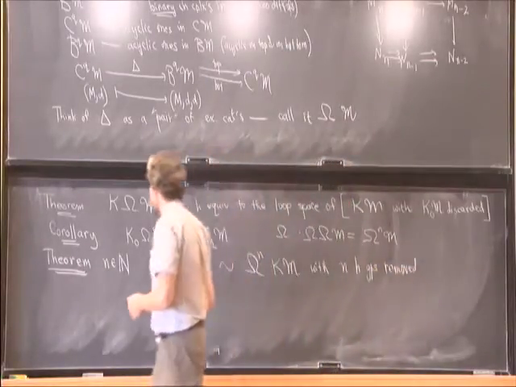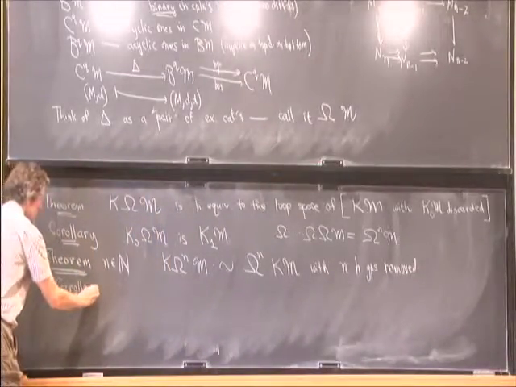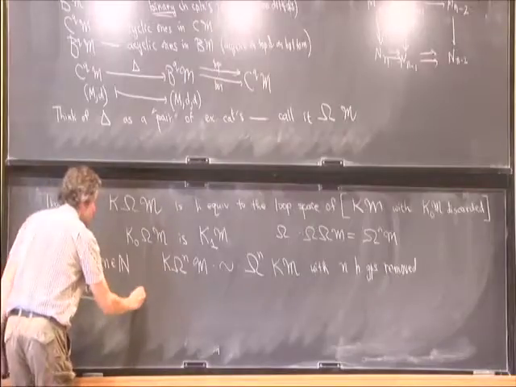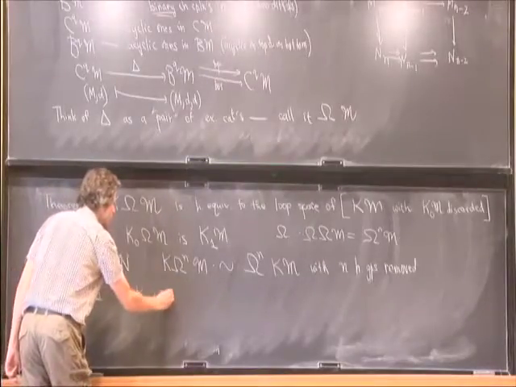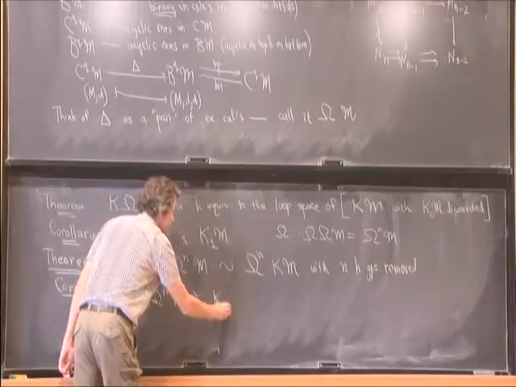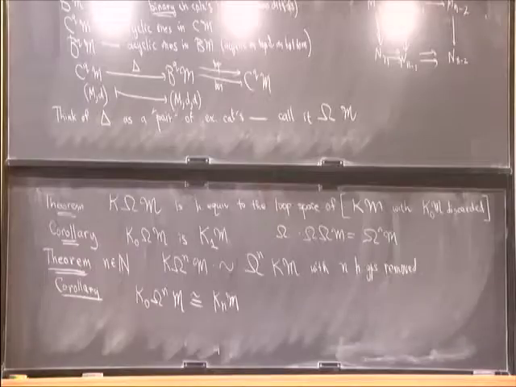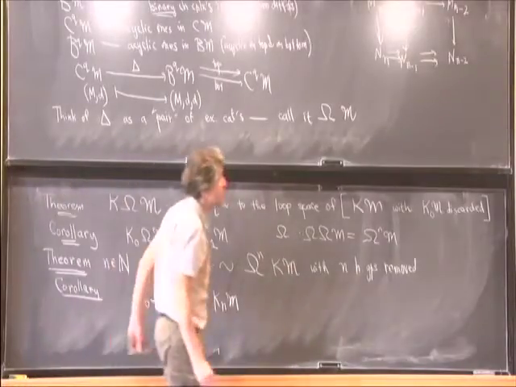And so a corollary of that is that K0 of omega n of M is isomorphic to Kn of M. And so that gives explicit generators and relations for Kn of M. So let me just spell out what that means.